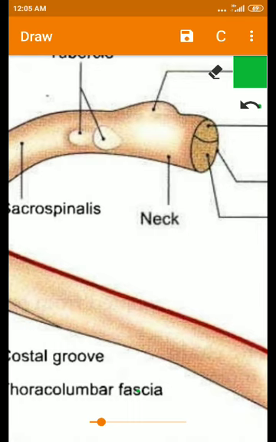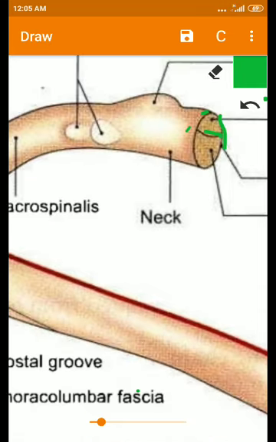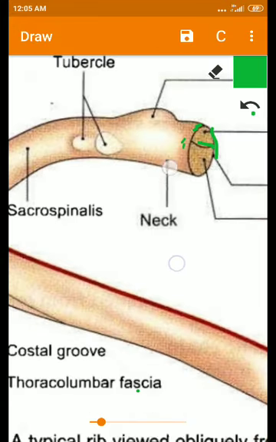The radiate ligament is attached on the anterior border of the head, the intra-articular ligament gives attachment to the crest as well as the intervertebral disc, and the margins of the head give attachment to the capsular ligament. So this is about the head.